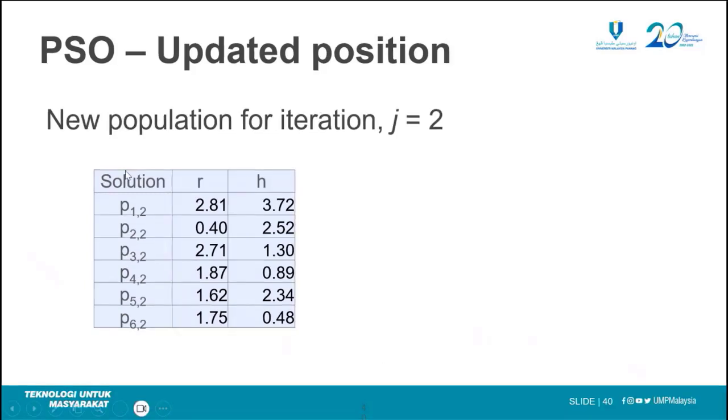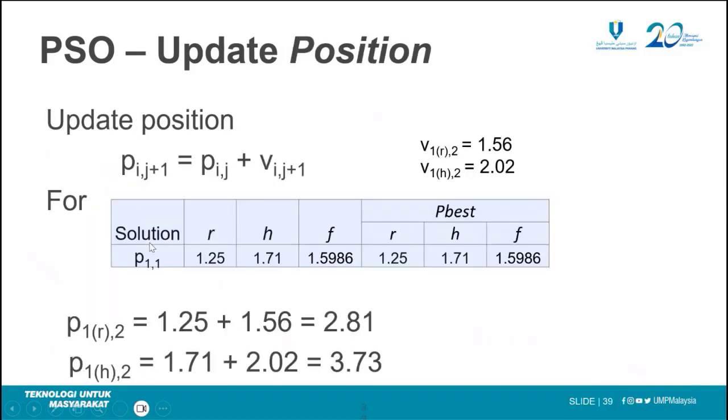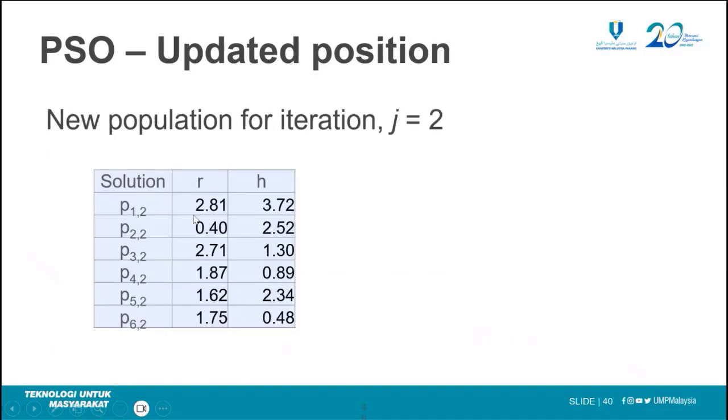Again, this is the new value for P, which is the particle. For particle number 1, or P1, the new value is 2.81, while the old value of P1 was 1.25.